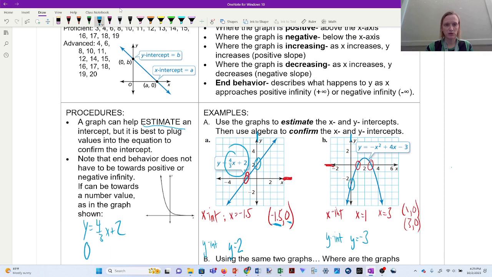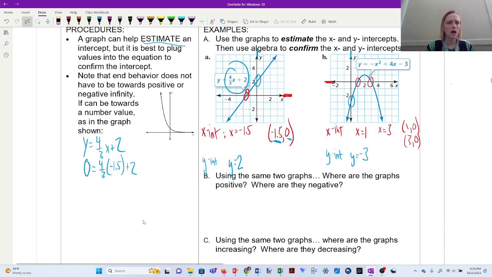So I'm going to plug in 0 for my y value, and negative 1.5 for my x value. When I do this, I find that 4/3 times negative 1.5 gives me negative 2. And when I add 2 to that, I do in fact get 0 equals 0. So I took this point, plugged it into my equation, and confirmed that I've got a true statement.